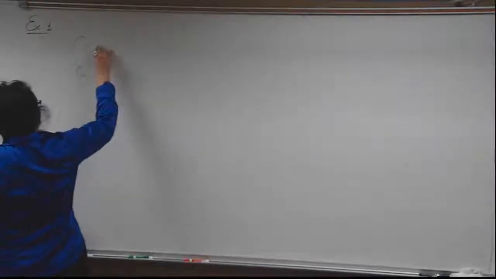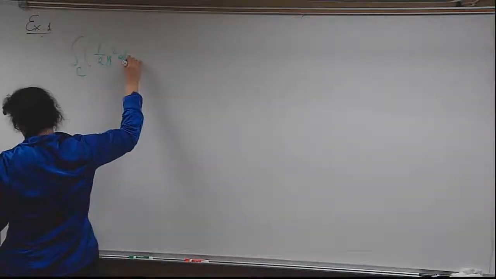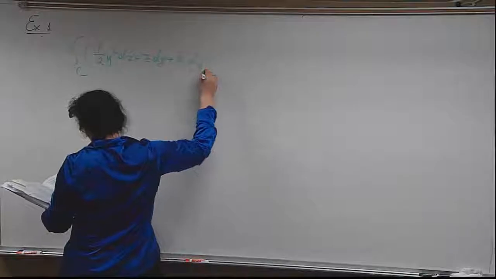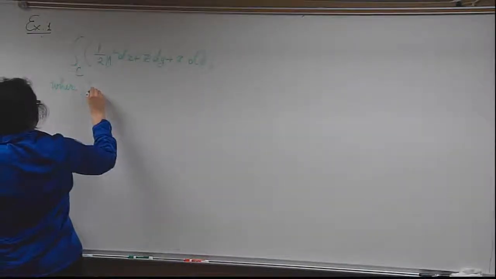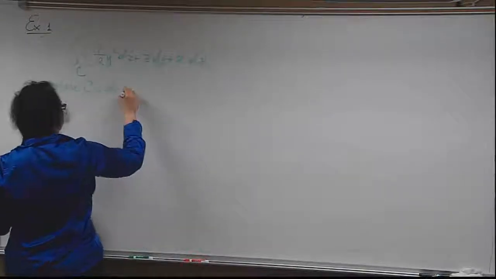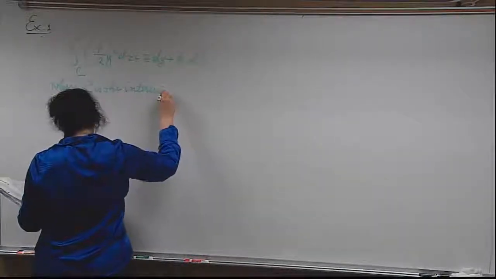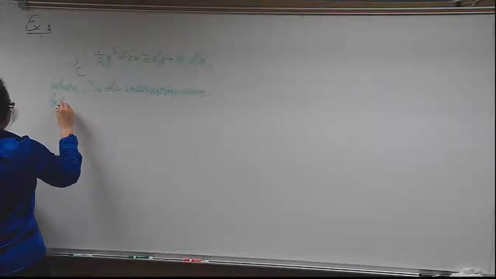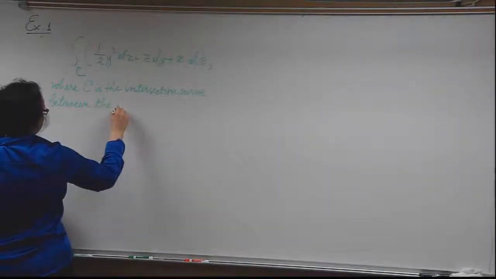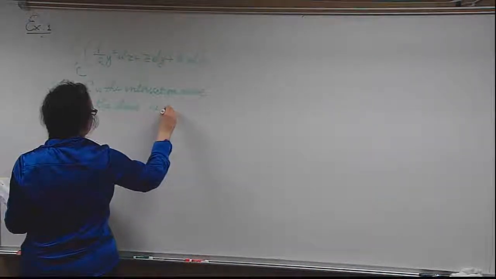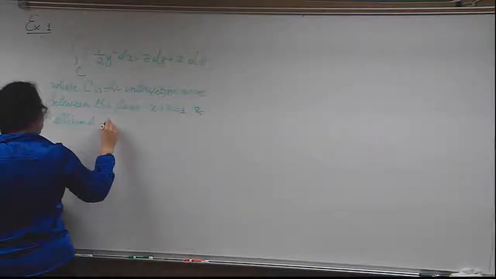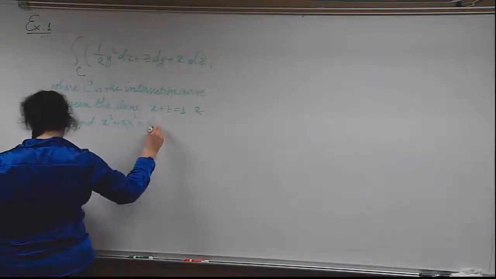Evaluate path integral over C of 1 over 2y squared dx plus z dy plus x dz, where C is the intersection curve between the plane x plus z equals 1 and the ellipsoid x squared plus 2y squared plus z squared equals 1.